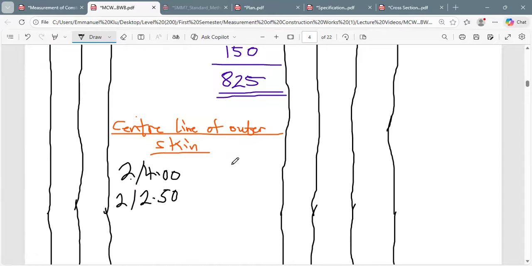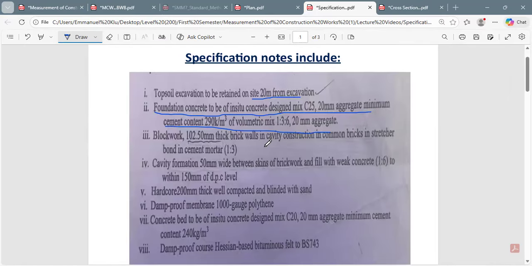So this is going to give us 8.00, and this one is also going to give us 5.00, just as usual. So at the end of the day, we are going to get 13.00. Okay, but we have to less the corners. Take note.